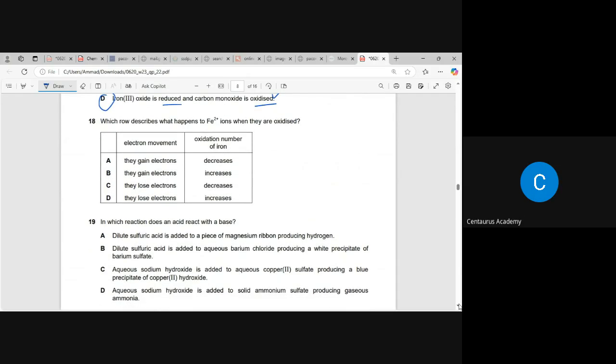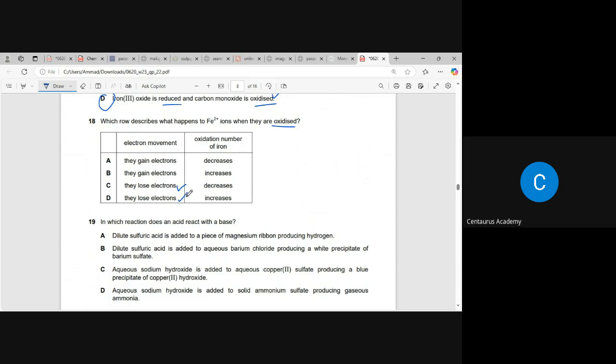Which row describes what happens to iron ions when they are oxidized? So when they are oxidized, the oxidation number of iron, is it going to decrease or increase? And what happens to the electron movement? If they're oxidized, the electrons must be lost.